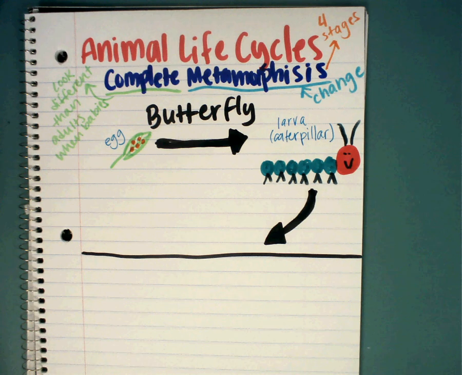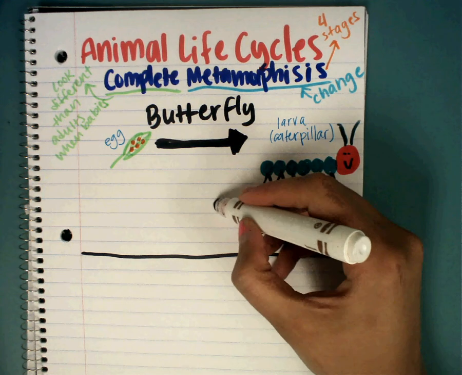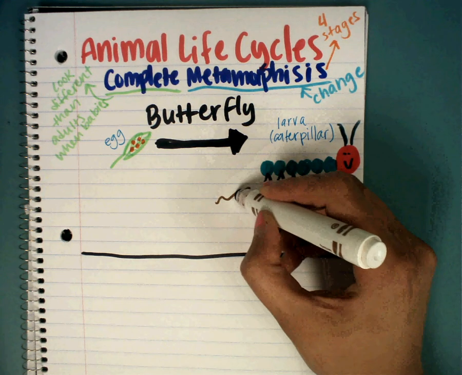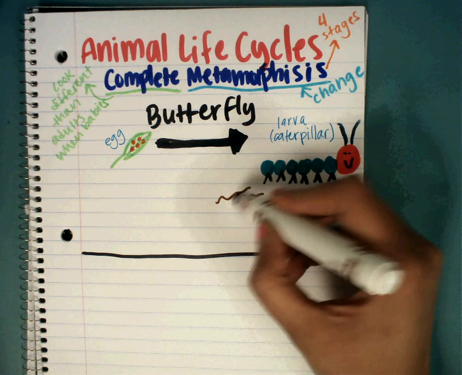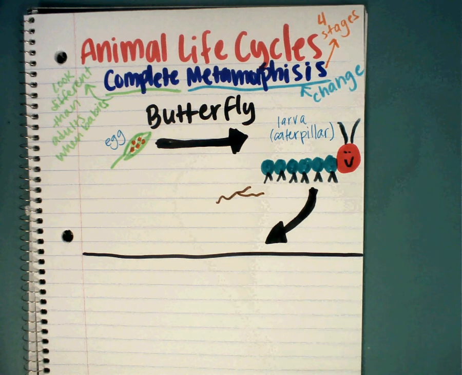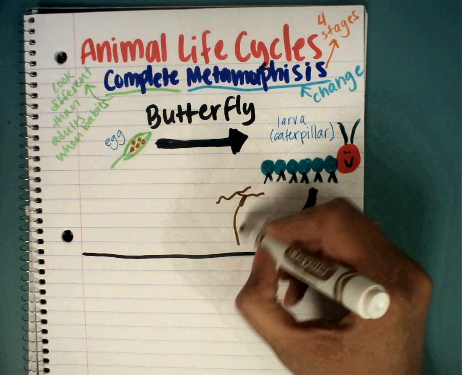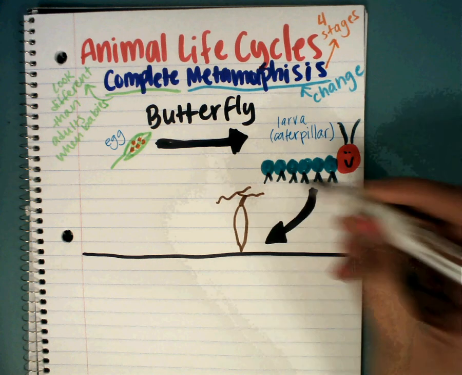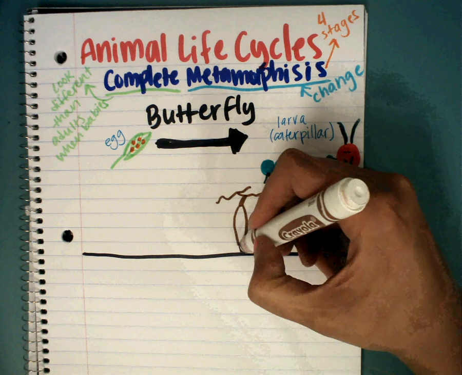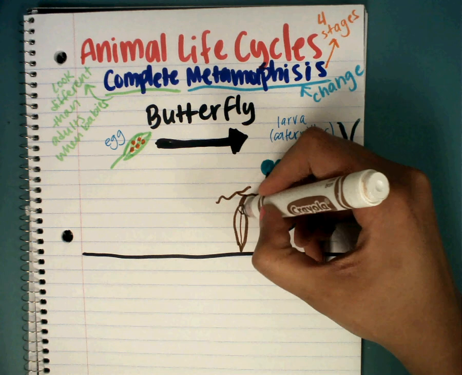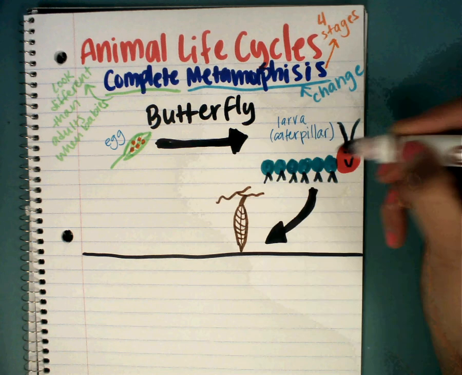So we've got a stick, right? And it's going to just kind of hang from that stick like this. And it looks a bit like that. It's kind of like a leaf, right? But it's a chrysalis. And it has to hang on for a few days. All right?